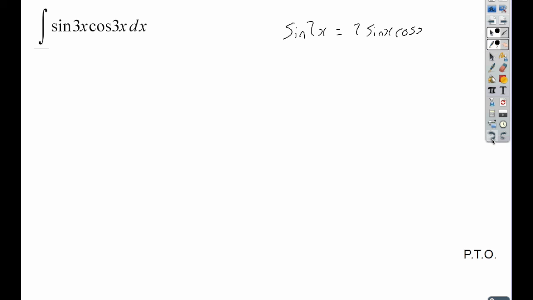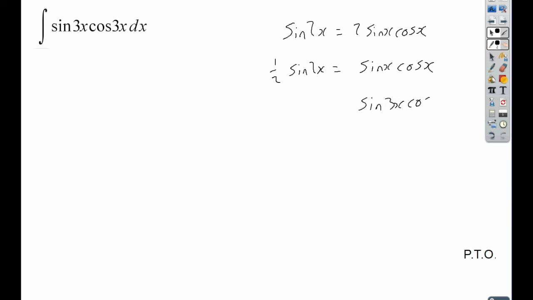Right, let's go. What we don't have, of course, is the same angle, and we don't have the half, so we don't have the 2. So I'm just going to rewrite that first of all as 1/2 sine 2x is equal to sine x cos x. So that's looking a bit closer to the actual integral we're asked to do. And I'm just going to change the angle from x to 3x.